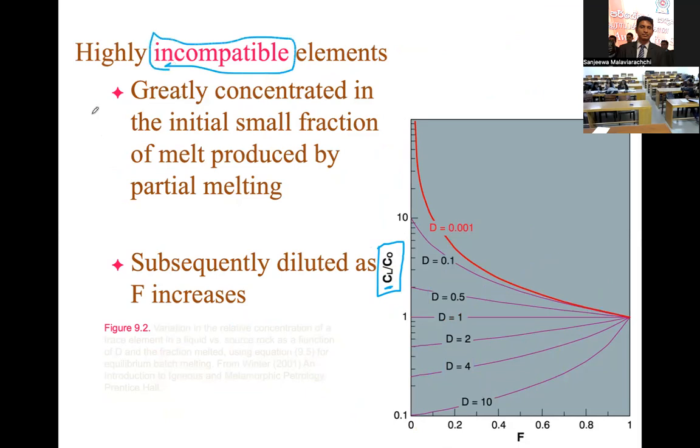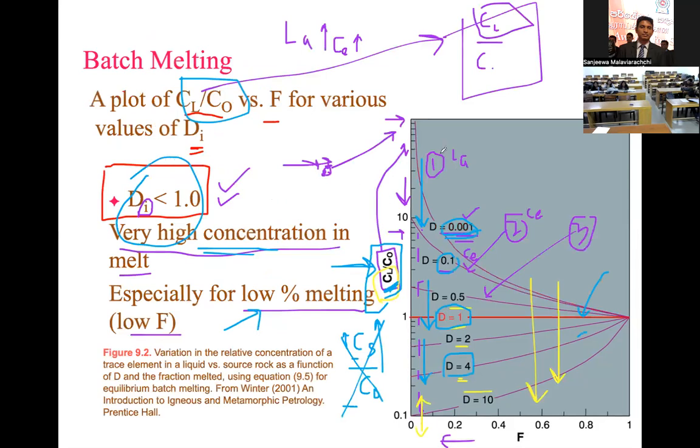And the point here is that it is greatly concentrated in the initial small fraction of melt produced. So we showed that this is the first melt to be produced, okay? The highly incompatible element, which has a D of 0.001. So the initial melt is given here, right?